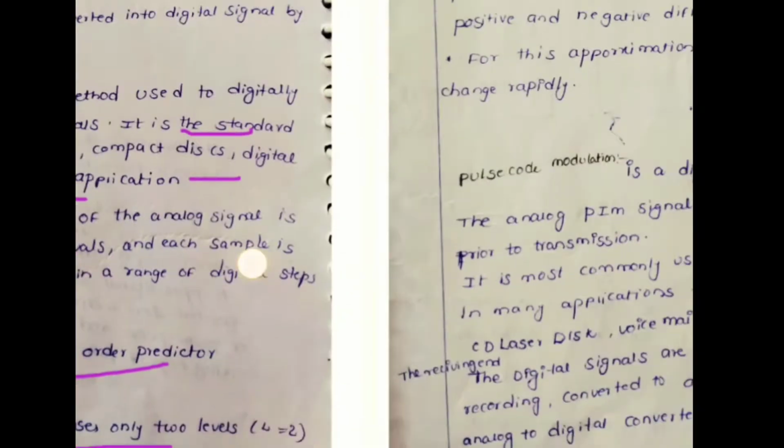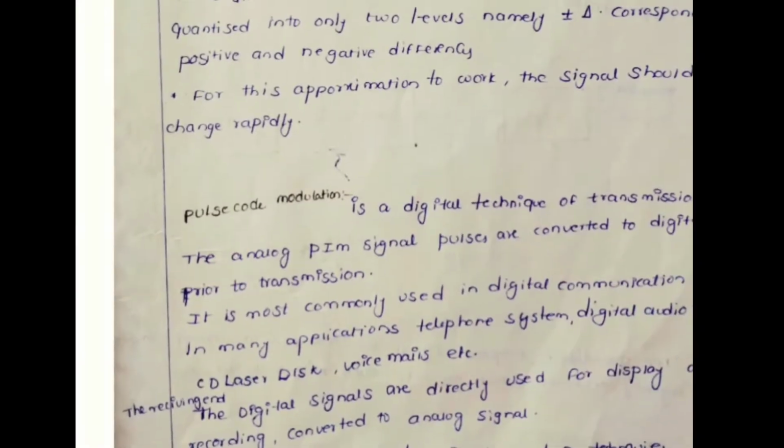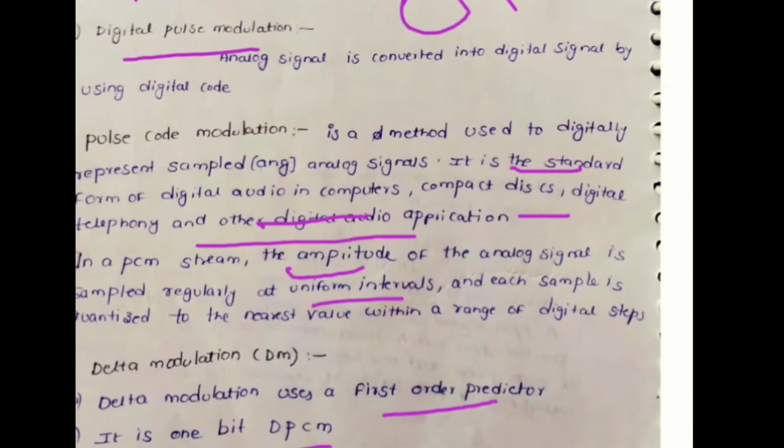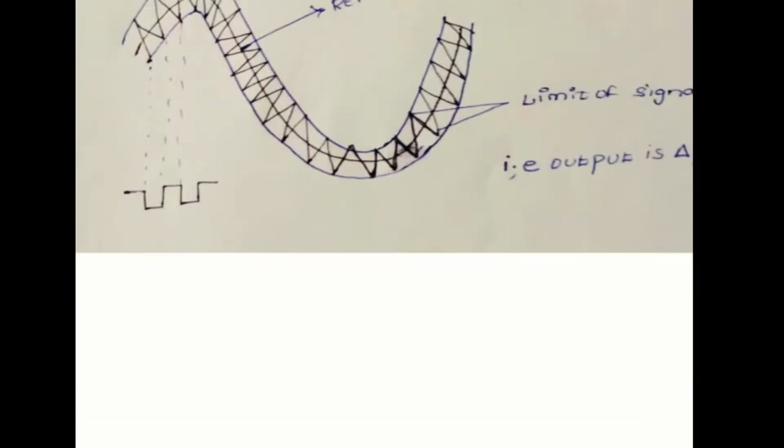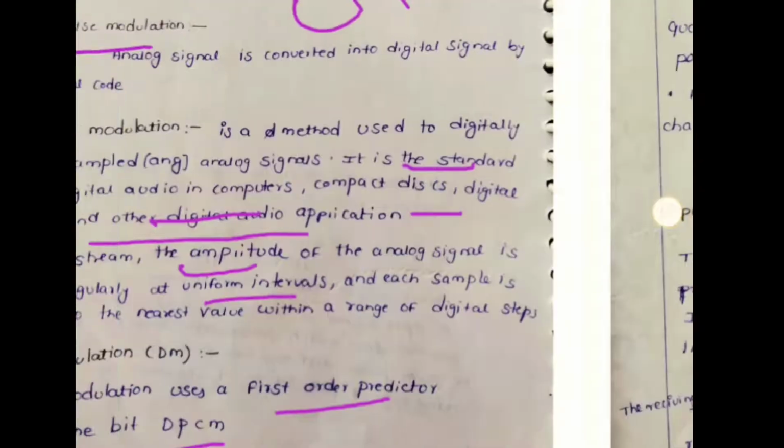This is pulse code modulation. What is pulse modulation? Pulse modulation is a type of modulation in which the signal is transmitted in the form of pulses. It can be used to transmit analog information.